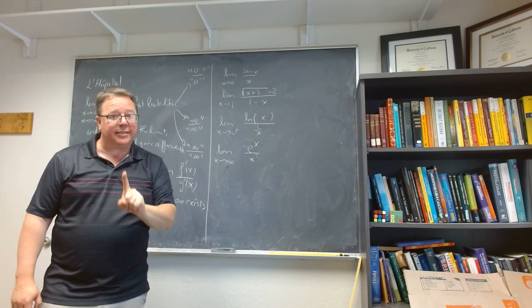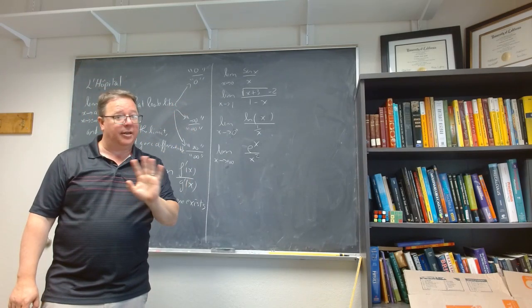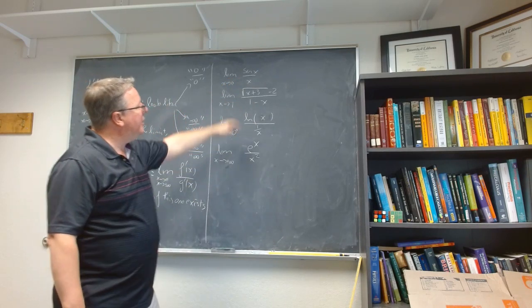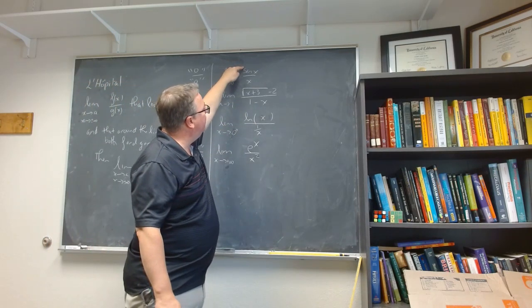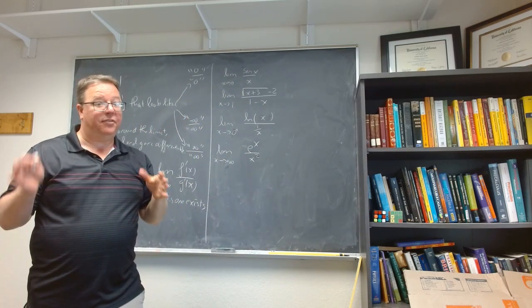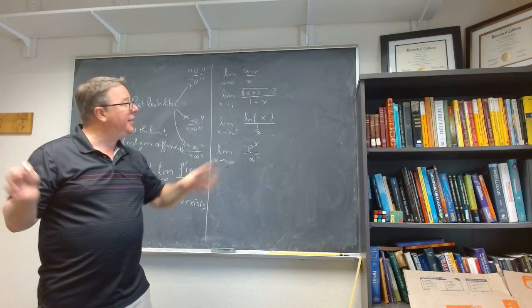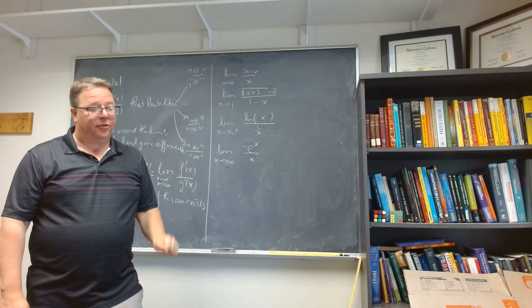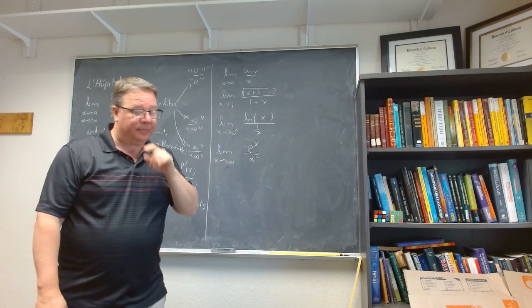This does not say that you use a quotient rule, not at all. You don't take a derivative of what you see. Instead, you do the derivative of the top divided by the derivative of the bottom and look at that limit. And if you get a number, that number is the same as the original limit. Very, very powerful.